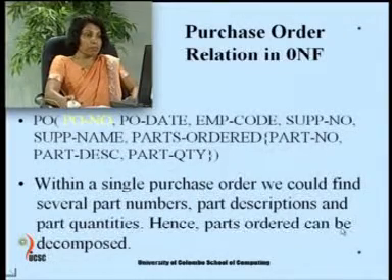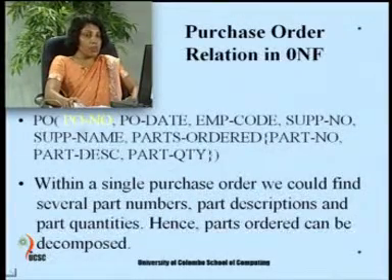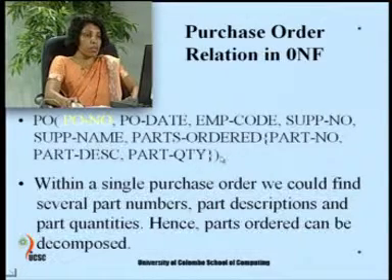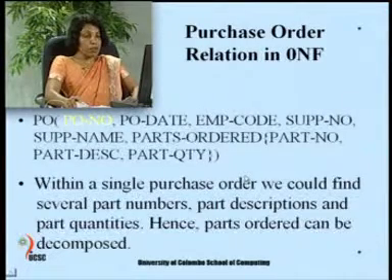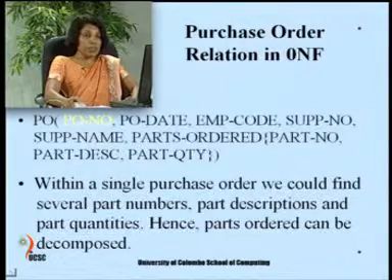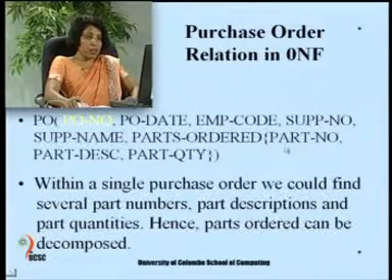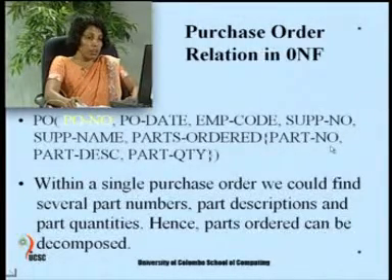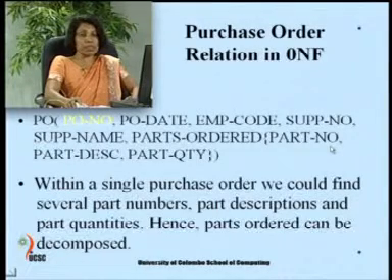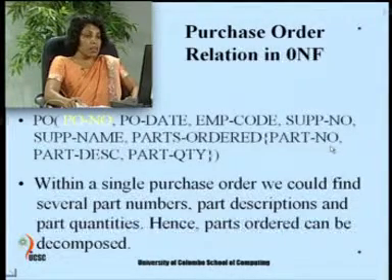So, if we consider the original set of attributes for a purchase order, as I explained before, it is in zeroth normal form or unnormalized form, because within a single purchase order we can find several part numbers, as I showed before with respect to its records: part numbers, part descriptions, and part quantities.